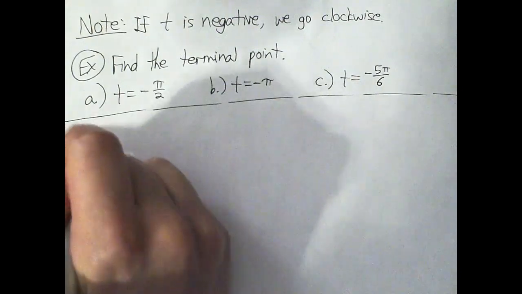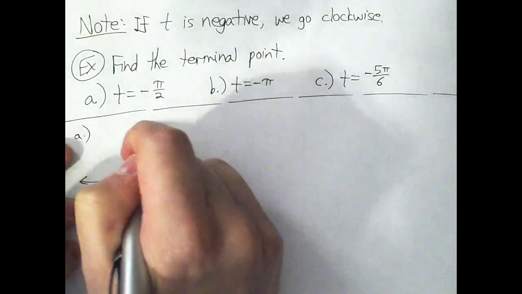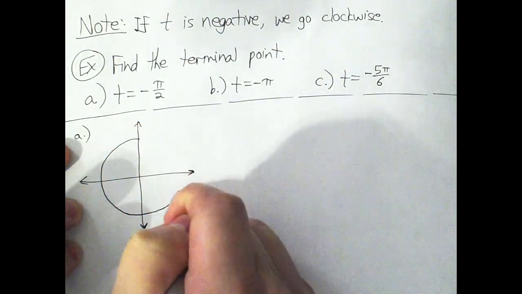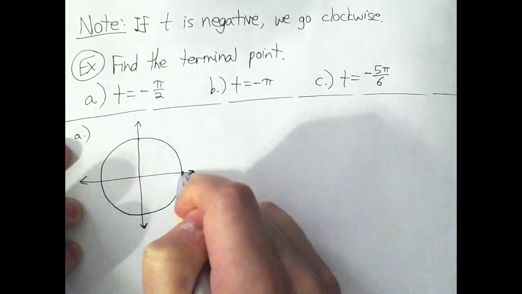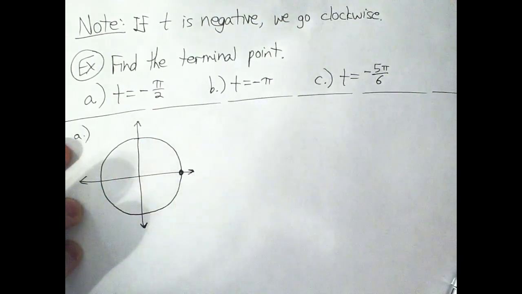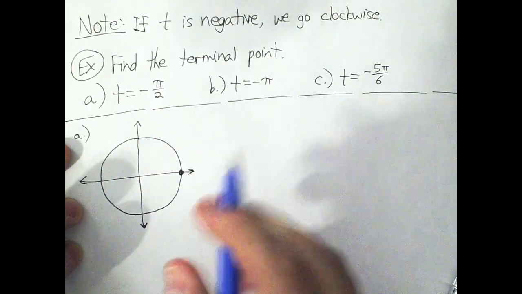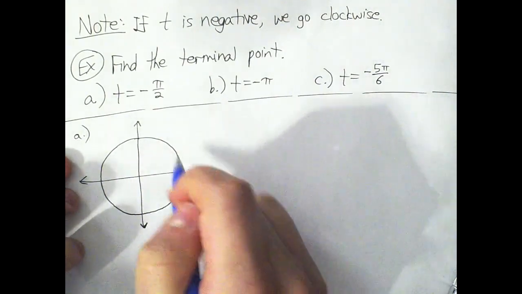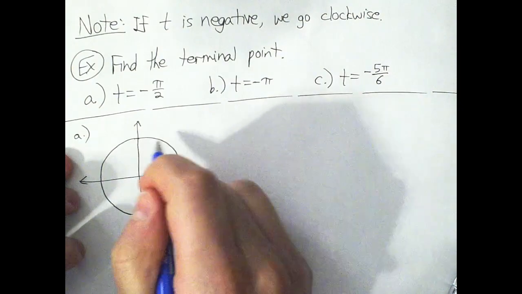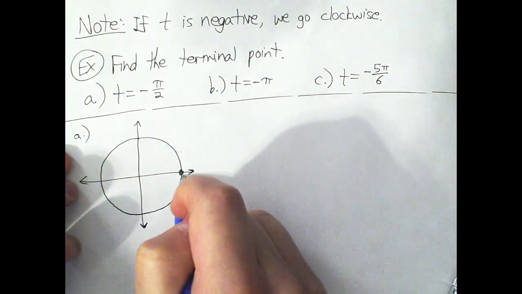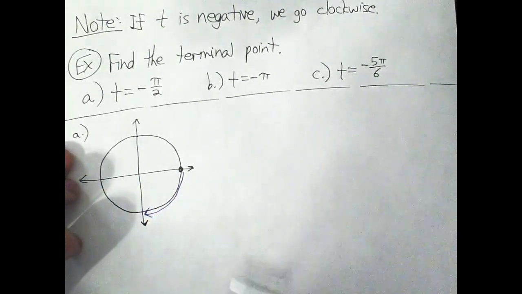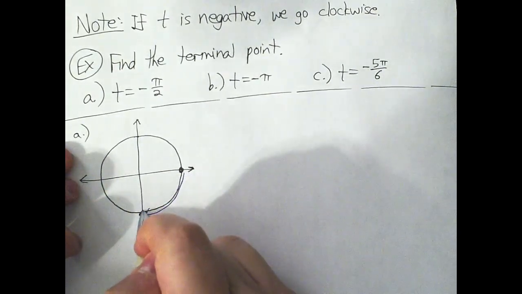So for part A, we'll draw a scratchwork unit circle, and we will think about starting from the usual starting point, except this time we're going to travel a distance of pi over 2 in the clockwise direction. Earlier we had pi over 2 in the counterclockwise direction. So clockwise is that same distance, but in this direction, and that's going to take us down here.